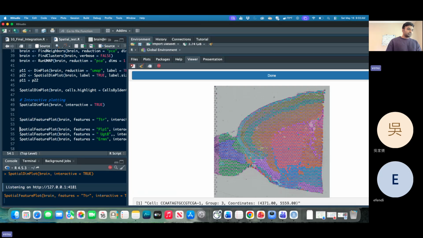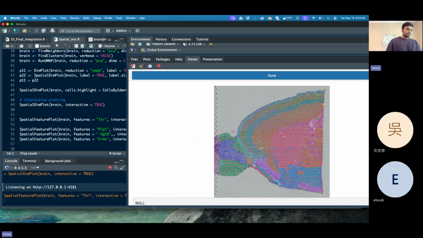You can see whenever I move the cursor, the coordinates are shown down here. Now it is null. Whenever I go to one spot, these are the spot's coordinates, the x coordinate and y coordinate: 1549.00 and 9032.00. So this is the spot information.